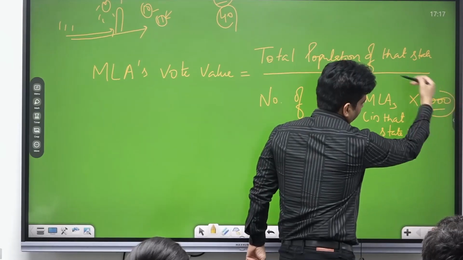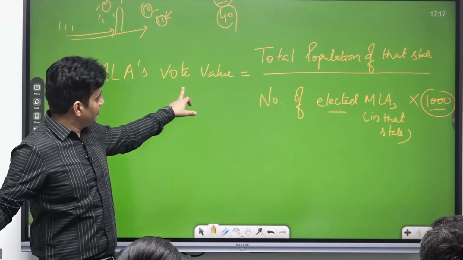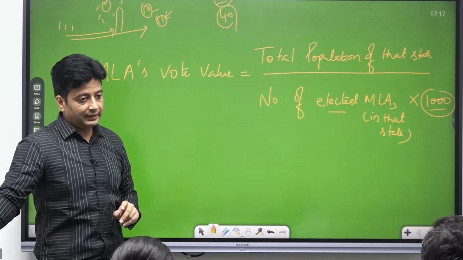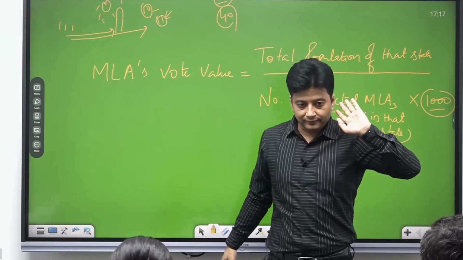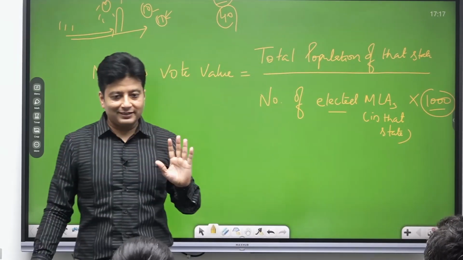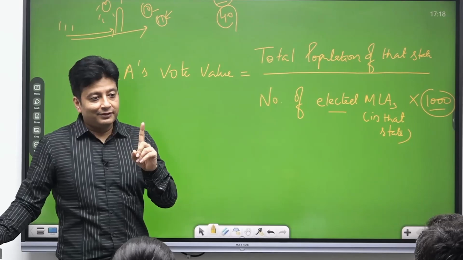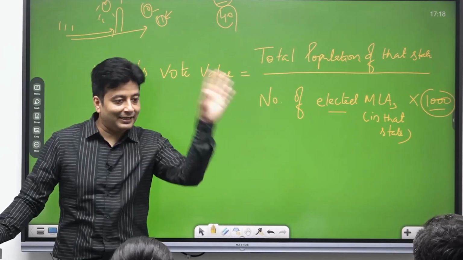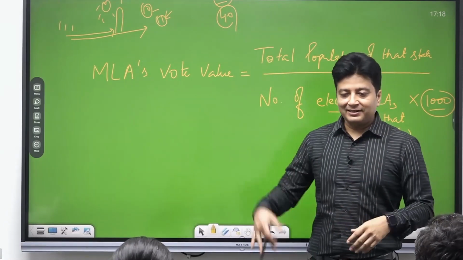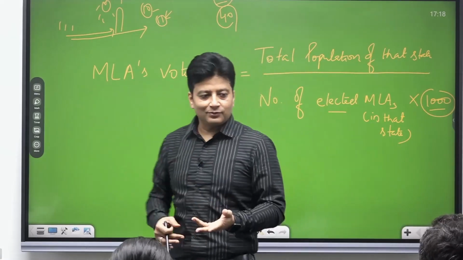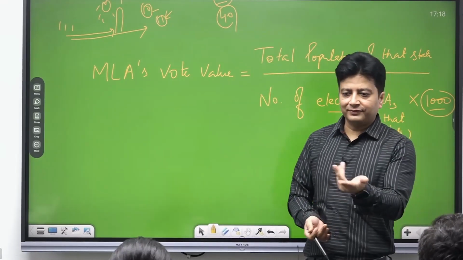First of all, this digit has been included just to neutralize the big values, because this formula will be used for all the states in India, right? And total population of that state, say for example, if we talk about UP, it alone is enough to settle many states population-wise. The value of one UP MLA is equal to the value of all the MLAs of the entire Sikkim assembly. You are getting my point? It happens that way. Tamil Nadu and Jharkhand coincidentally have the same MLA value, meaning equal, because of the decimal points.